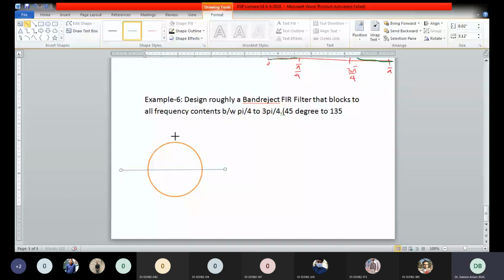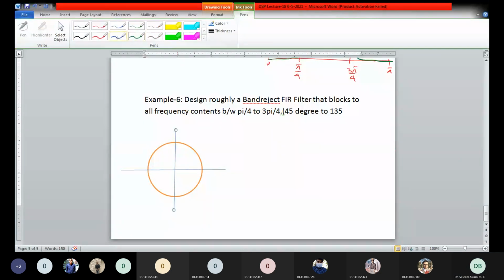So first, we know that this is omega equal to 5 pi by 4 and this is omega equal to 3 pi by 4. Now we need to block this, so we place a zero in between. Rest all contents are passing. So when you roughly try to draw its magnitude response, it will look like this: 5 pi by 4, 3 pi by 4, and then let's assume this is pi.